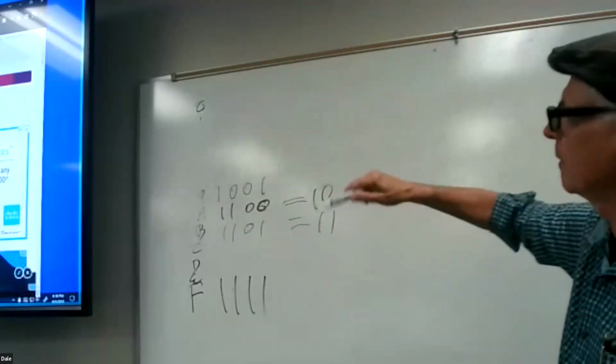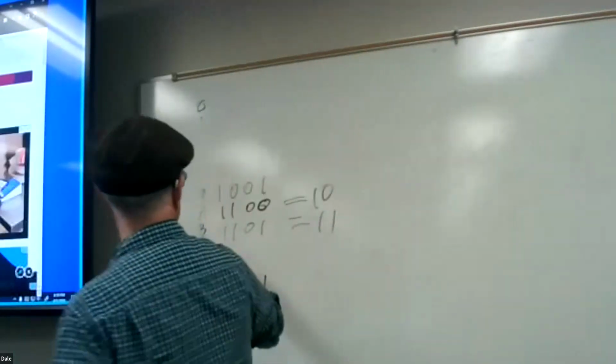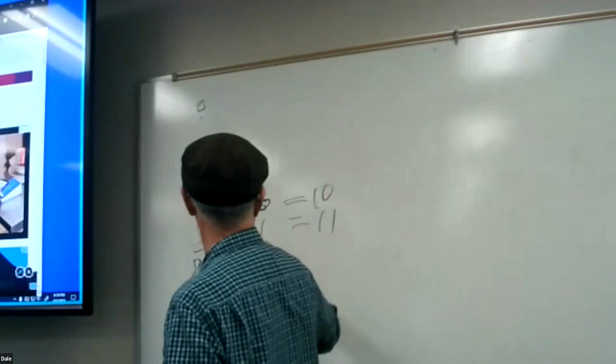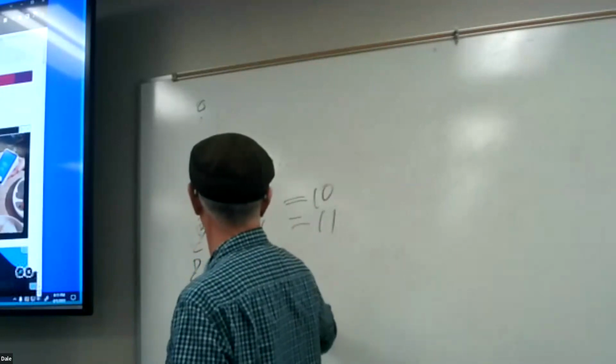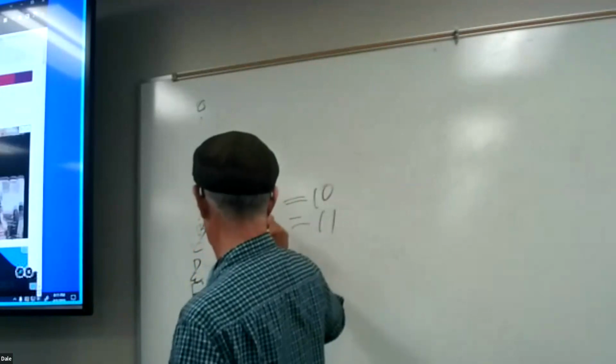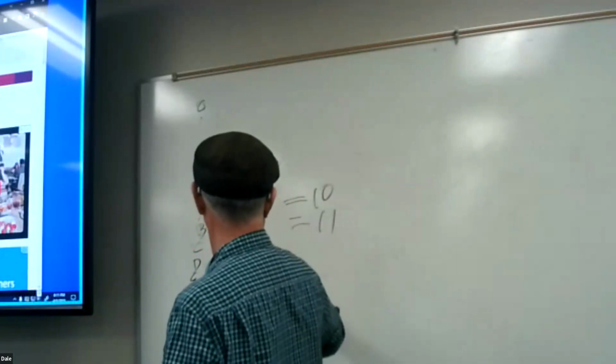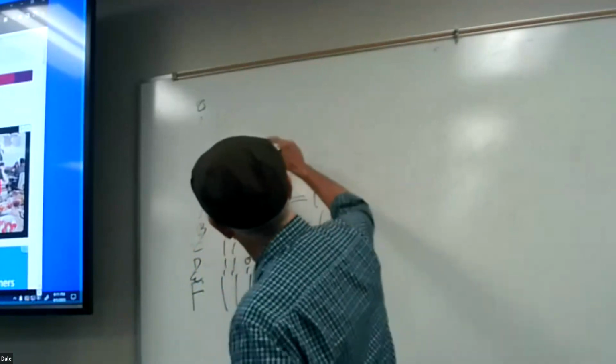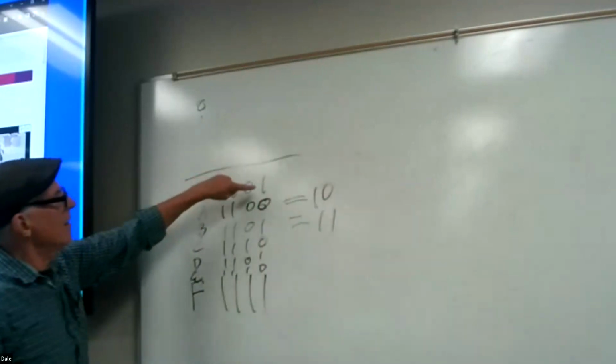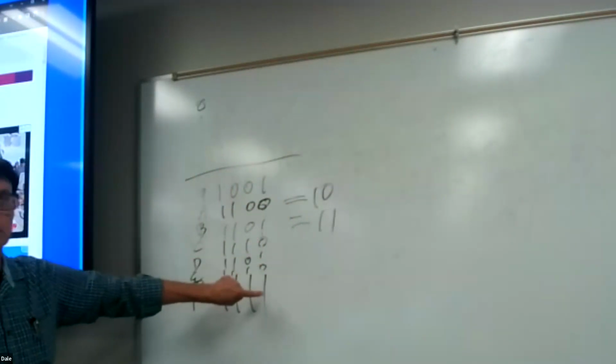And that repeating pattern is, if I continue on here, and then D is, I might get some of these wrong. 1, 1, 1, 0, 0, 1, I have 1, 0, 1, 0, 1, 0.